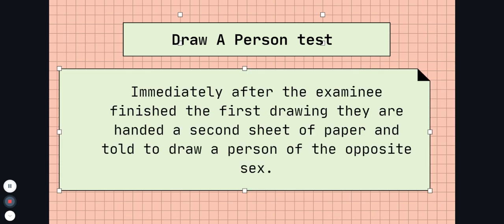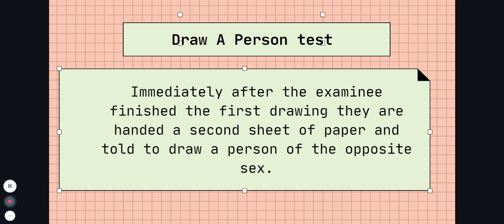Immediately after the examinee finished the first drawing, they are handed a second sheet of paper and told to draw a person of the opposite sex. After the examinee has completed the drawing, a rather detailed inquiry will follow. So the assessee or the child is asked to draw a person of the opposite sex.